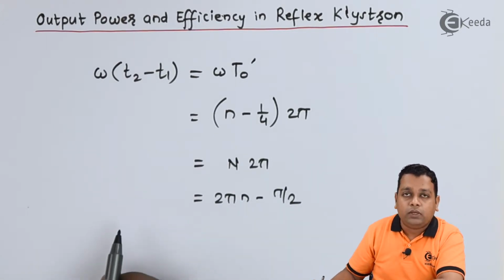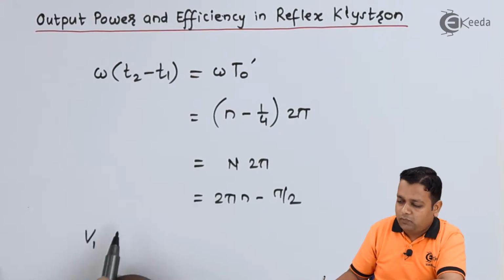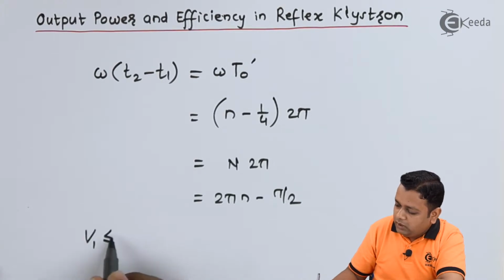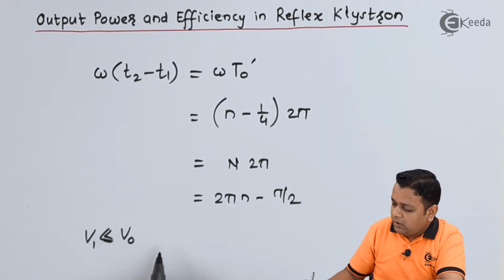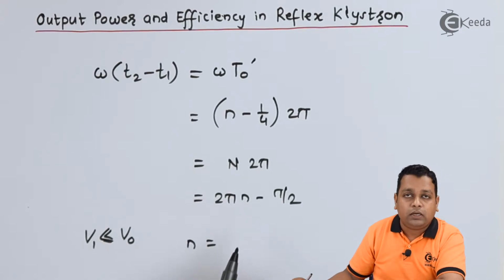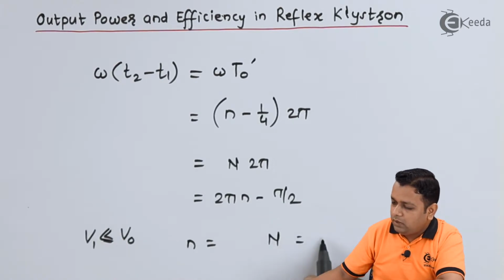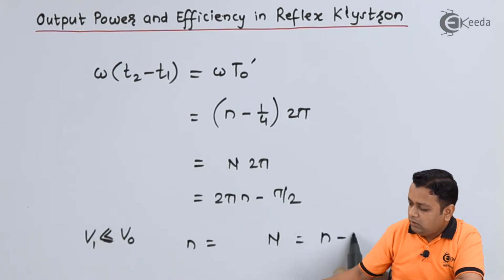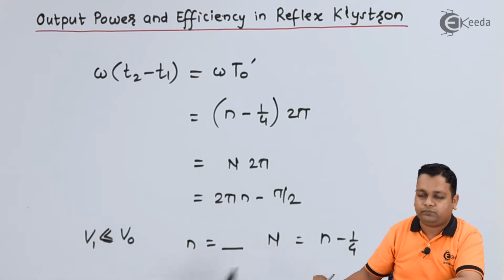Here the assumption is that the magnitude of the RF voltage V1 will be very less than V0, the applied potential to the anode cavity, and n is any positive integer representing the cycle number, whereas capital N will be equal to small n minus 1 by 4. So this is the number of cycles we can express for small n and capital N.